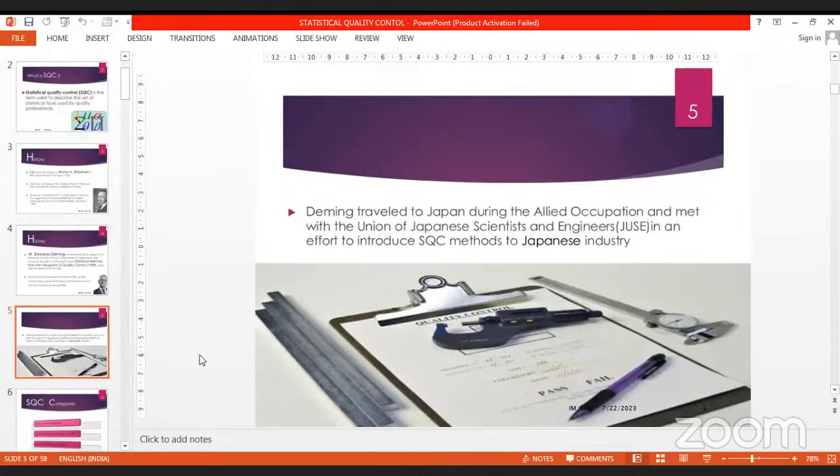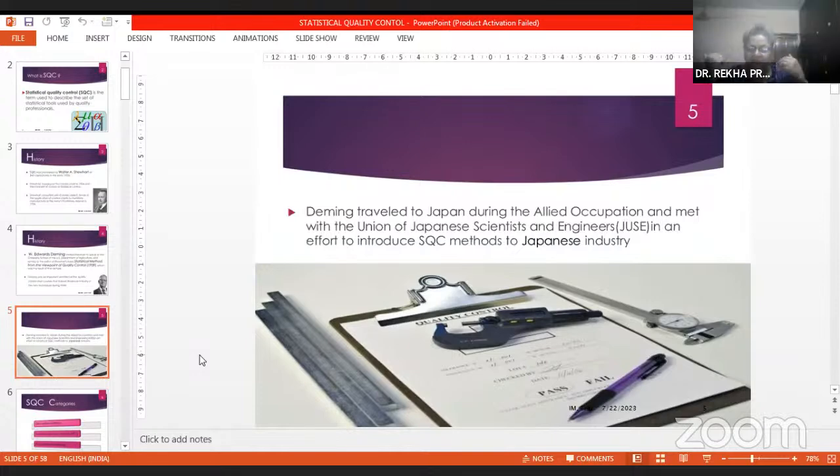Deming traveled to Japan during the Allied occupation and met with the Union of Japanese Scientists and Engineers in an effort to introduce the SQC method to Japanese industries. Actually, before that, the quality of Japanese goods was not very up to the mark.